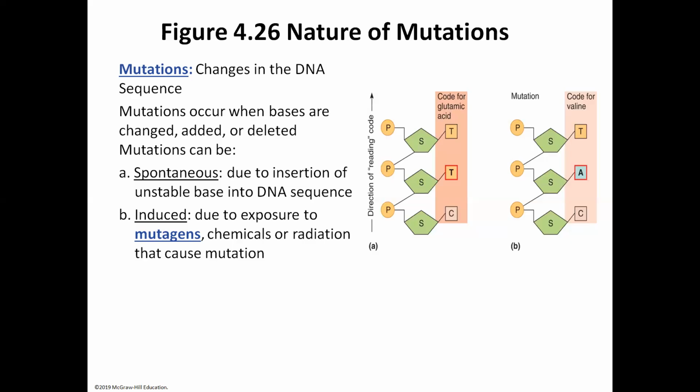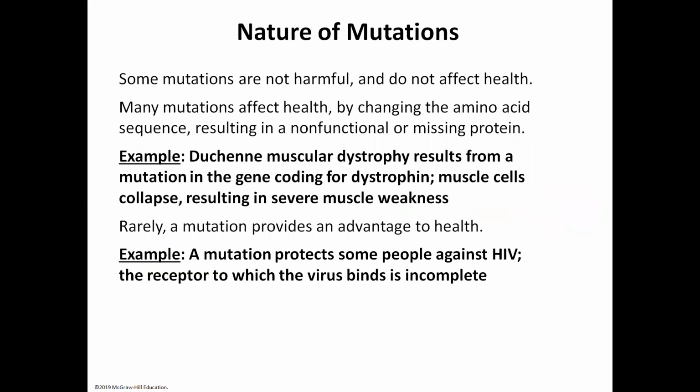So that change from T to A, which normally coded for glutamic acid, now actually codes for valine. Because we made a change to our DNA sequence, when we went to make our amino acids, that changed. So it changed the structure, therefore it changed the function. And again, it left a mutation that is actually quite detrimental.